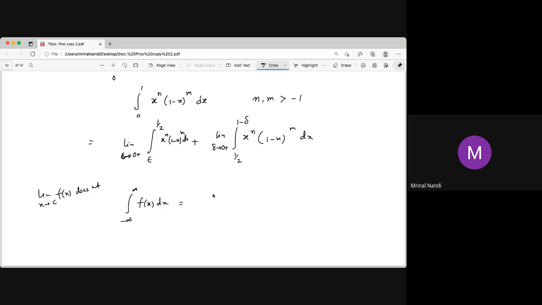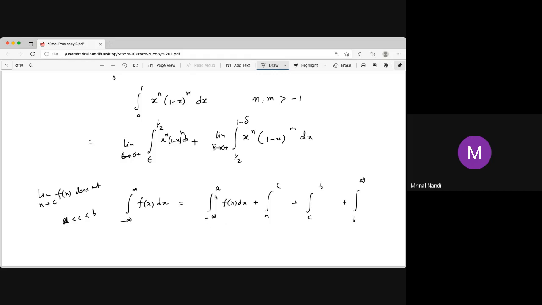You have to break this: take one point a before c, and another b after c. Now you have to take four different parts: minus infinity to a, then a to c, then c to b, and then b to infinity. Now you have to take four different limits.